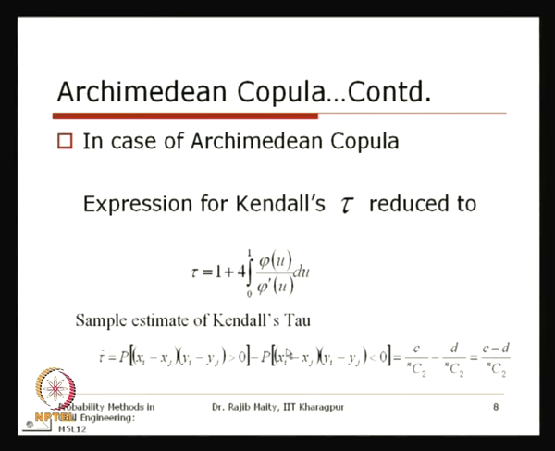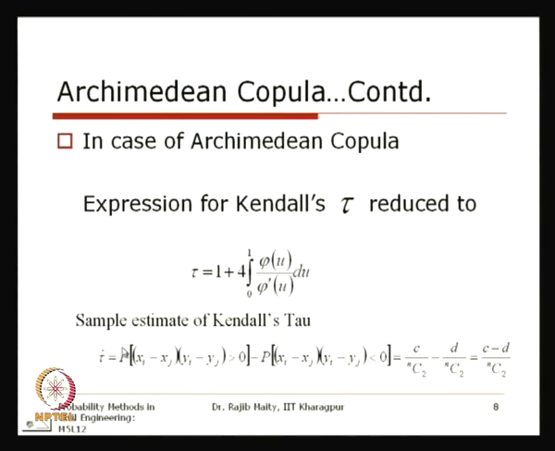Now, we will take some time to explain how we can get that sample estimate of Kendall's tau. This sample estimate, tau cap, equals the probability that xi minus xj multiplied by yi minus yj is greater than 0, minus the probability that xi minus xj into yi minus yj is less than 0, for all i and j where i and j are not equal. So, this may be the mathematical expression.